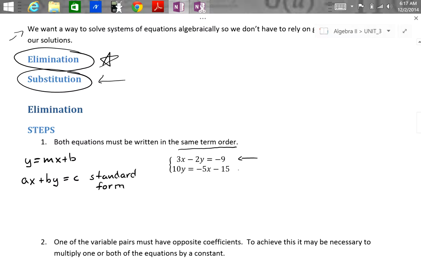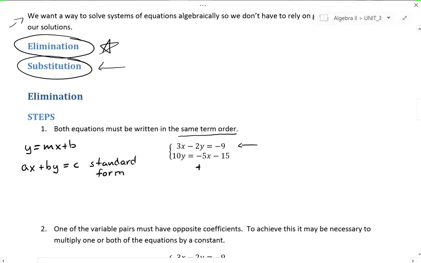The one term that's not in place is this x term here. We need to move it to the other side of the equation. To do that, I'm going to add 5x to both sides. Now we want to write it as x term, y term, equals constant.